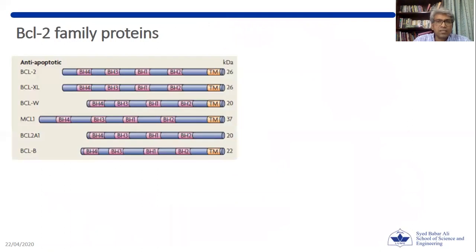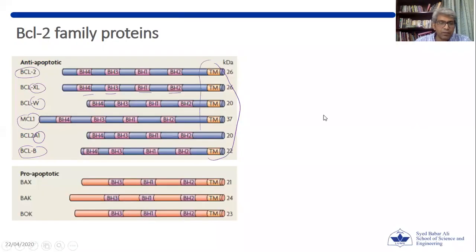So this is another slide that shows you the same. You have anti-apoptotic BCL2 family members: BCLXL, BCLW, MCL1, A1, and BCLB. They have BH1, BH2, BH3, and BH4 domains, and they have a transmembrane domain. They bind to the cytosolic parts of the membranes, especially the mitochondrial membrane. Then you have pro-apoptotic proteins like BAX and BAK.